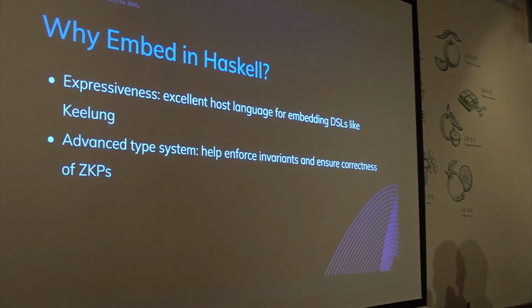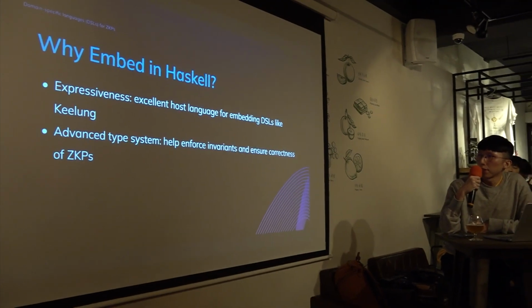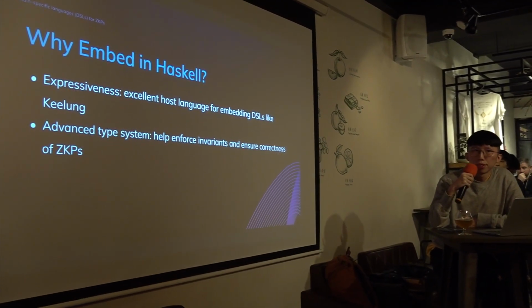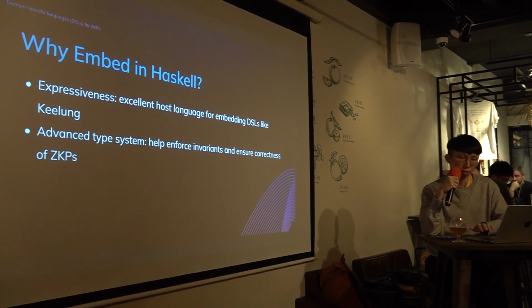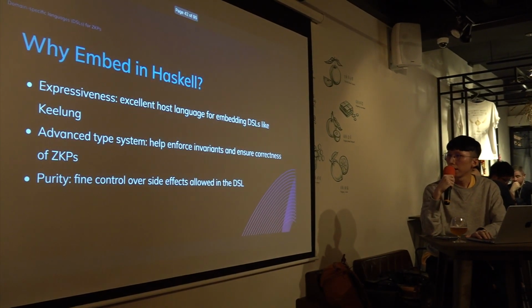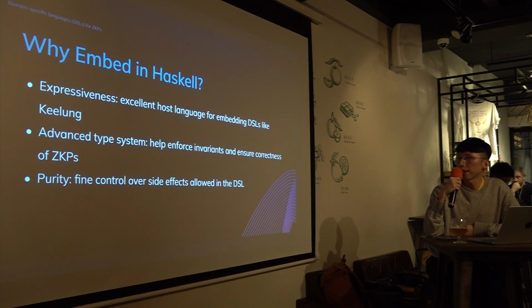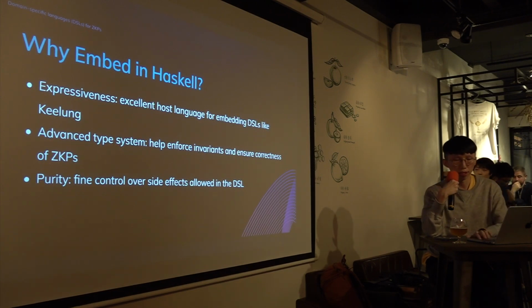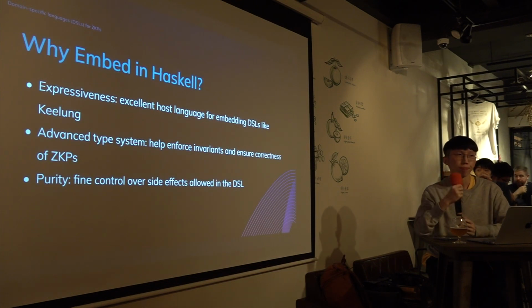Another thing is that we want to use Haskell's type system to help us enforce those invariants we need when constructing ZKPs. Another really special thing about Haskell is that it allows you to have fine control over which kind of side effects you want in your DSL. So that's why we chose Haskell.